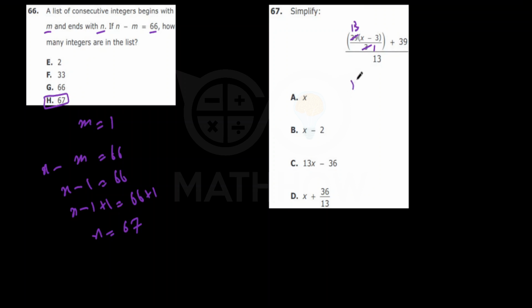This will become 13x minus 39 plus 39, whole divided by 13. Minus 39 and plus 39 will cancel out. 13x over 13. 13 will cancel out with 13 and the answer is x. So the correct option is A.